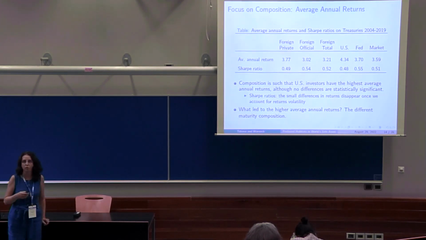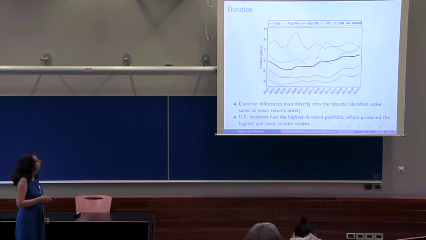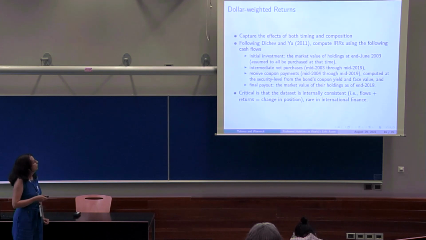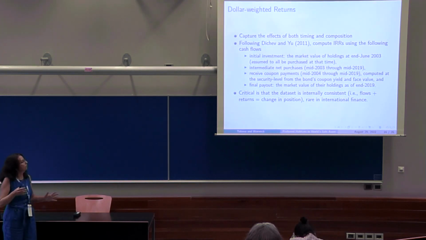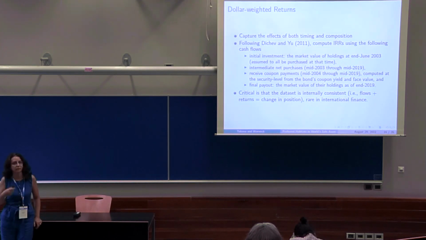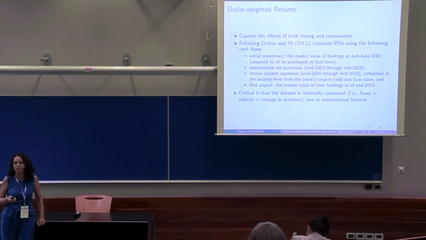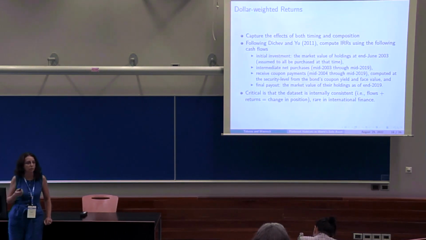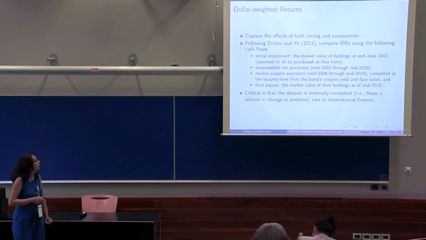Now for returns, the timing and the magnitude of the flows also matter. So that was on duration. Now we'll take into account the timing of those purchases and see what's actually happening with actual returns, or the internal rate of return.